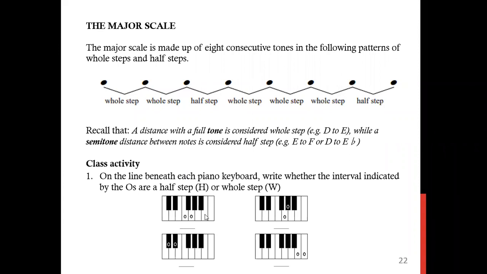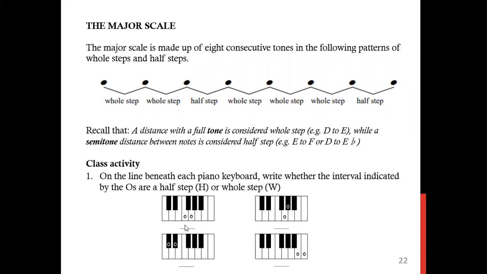Just look at the screen right in front of you. On the line beneath each piano, write whether the interval indicated by the O's we drew here is a half step or whole step, or a semitone or a whole tone, okay?